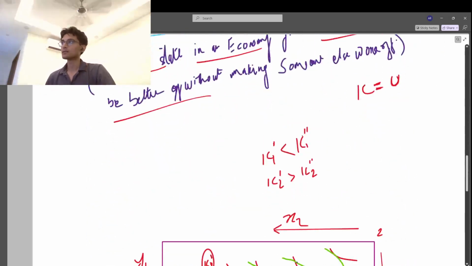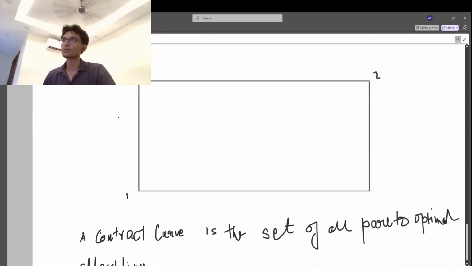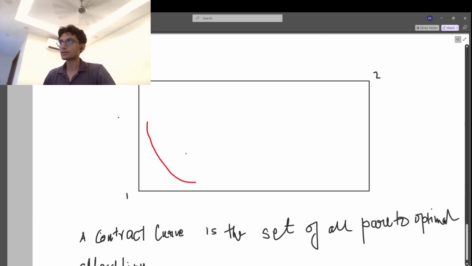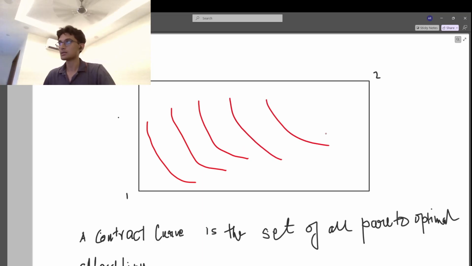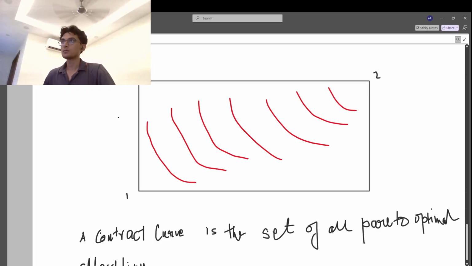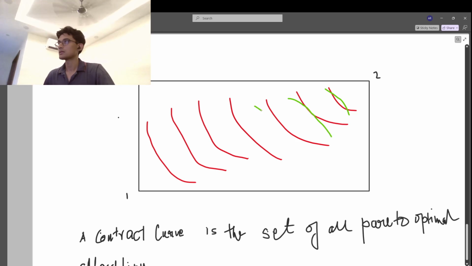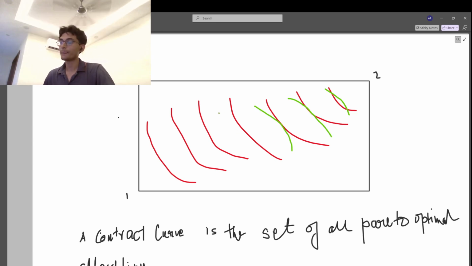Let's draw individual one's IC for one last time in this lecture, like this, and individual two's IC like this. I'm doing this purposefully to make another point.